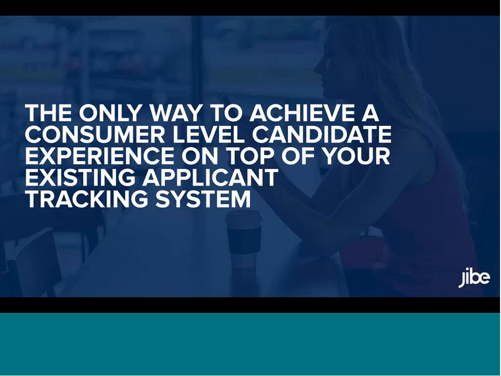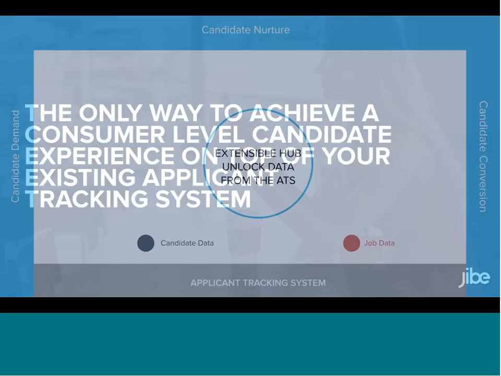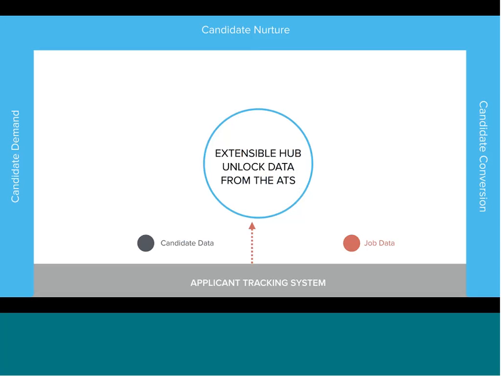So we really like to think about how can I layer a system of engagement platform on top of my existing applicant tracking system as a way to get the best of both worlds for your organization. And that really is what we've built here at Jive and our focus as an organization.